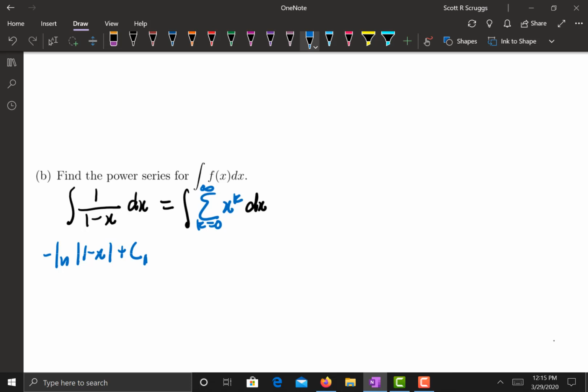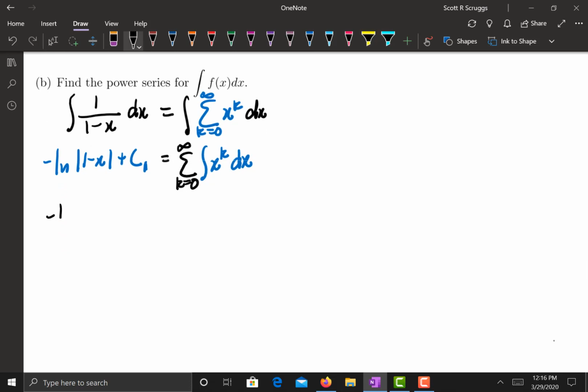And to distinguish, I will use c1. And on the right-hand side, I'm going to use my theorem that says I can move the integral inside and take the integral of x to the k.